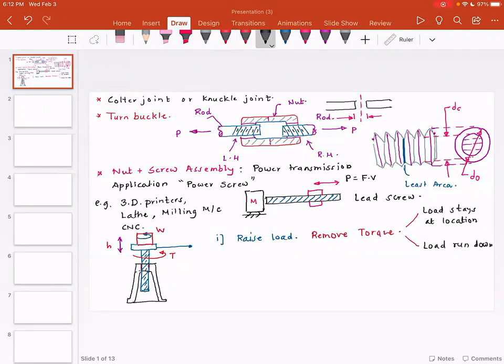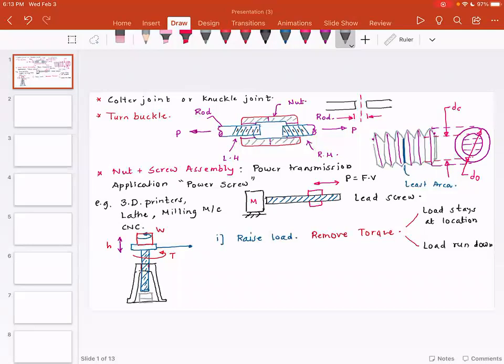What I mean by that is all of a sudden, just because of the weight, the screw jack starts getting lower. So basically, you raise the load and then leave the torque, then on its own, the screw unwinds and the load comes down. So that is called as rundown. And this is a very common application if you want the screw jack to be used as a clamp.